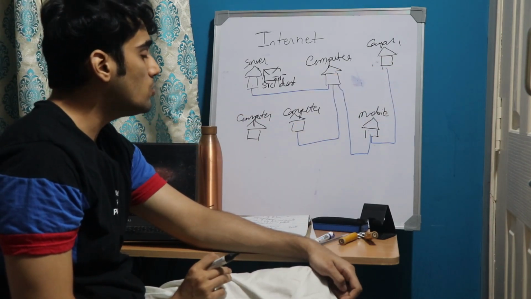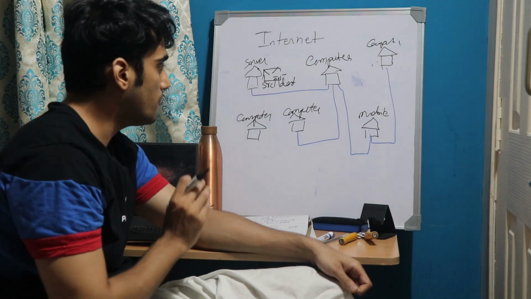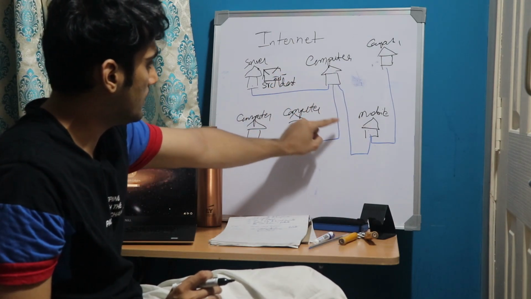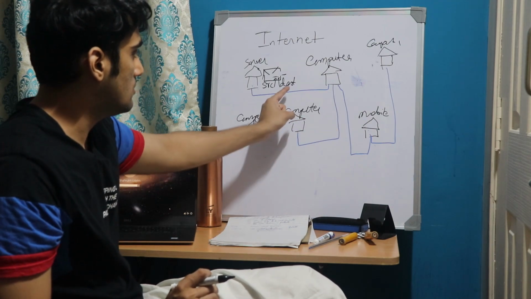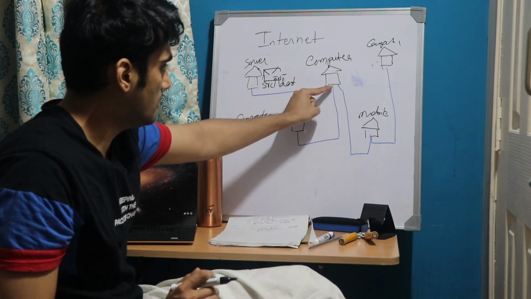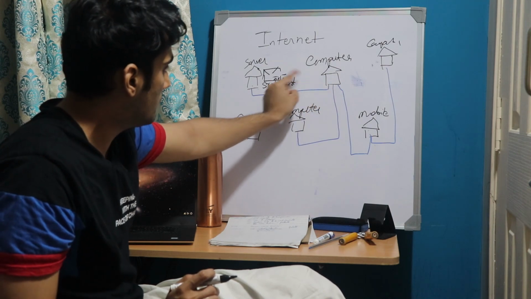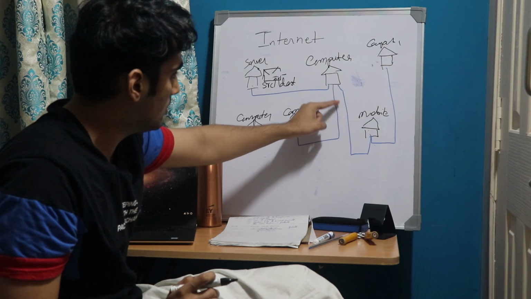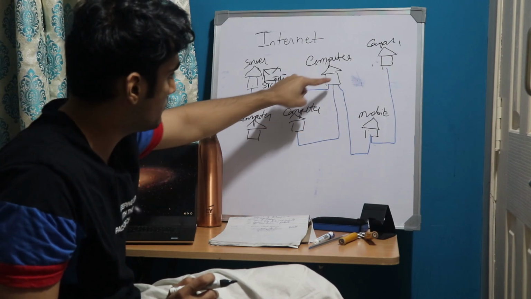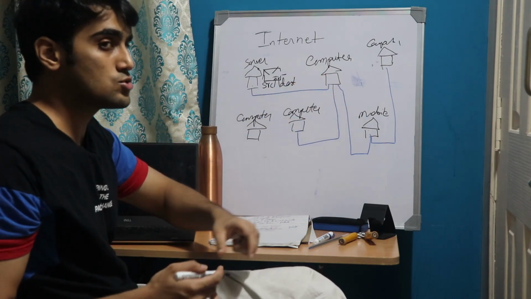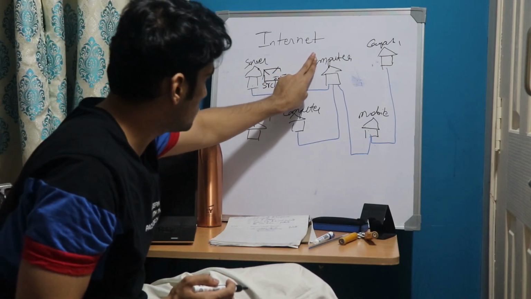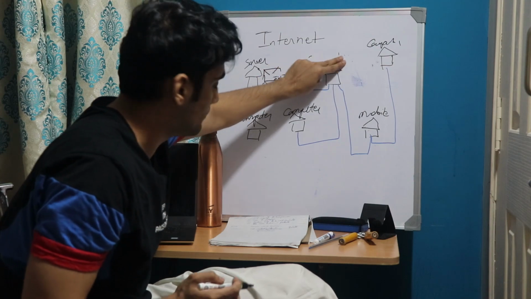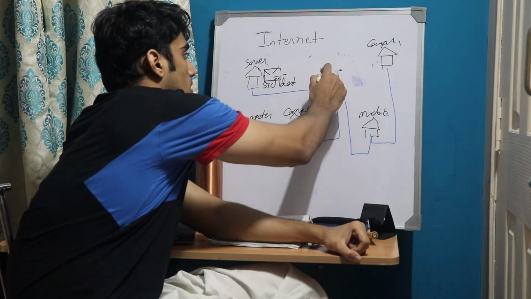But now who takes the responsibility of taking this packet and making it reach the destination? Because it has to take a different route from here. If this packet reaches here, there are two other routes originating from here, going to this computer and to this one. So who will do that? For that, this one is not a computer, this is a router.